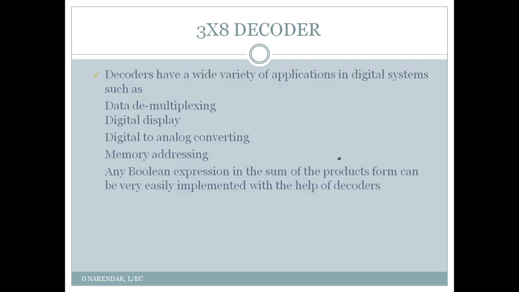And after that, we have looked at some important applications of the decoders in digital systems like D to A converters, digital displays, data demultiplexing and memory addressing, and also the realization of the Boolean expression for any function as the sum of minterms with the help of decoders.